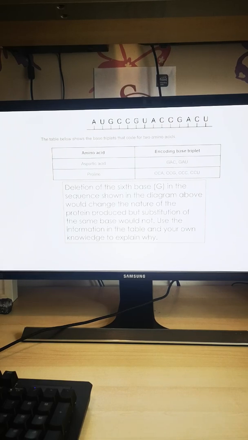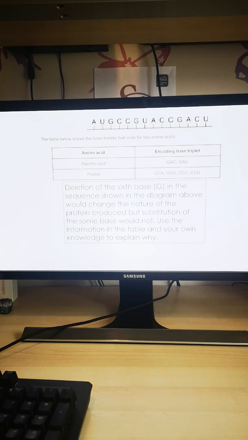Okay, so if we did take that G and we deleted it, that would mean that this would become C, C, U. So it would change from being C, C, G to CCU.